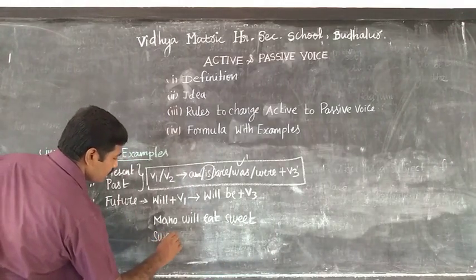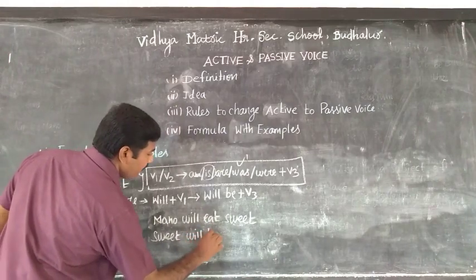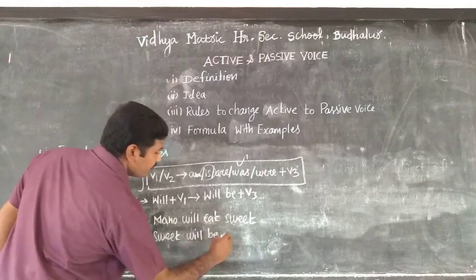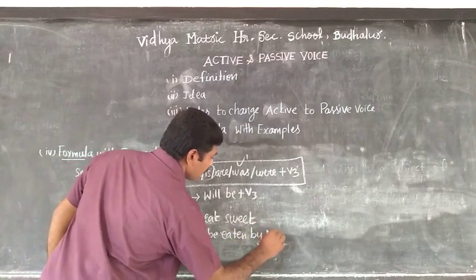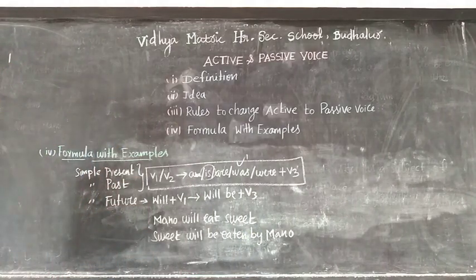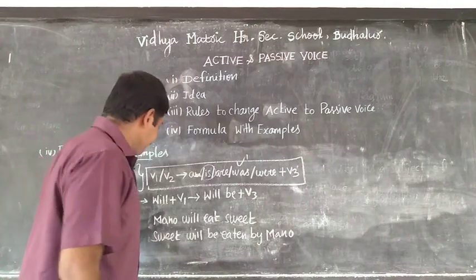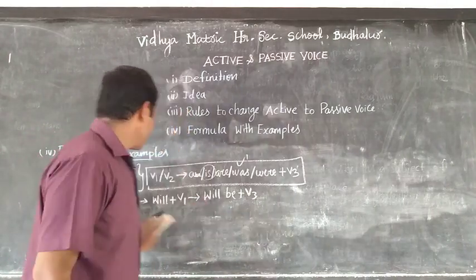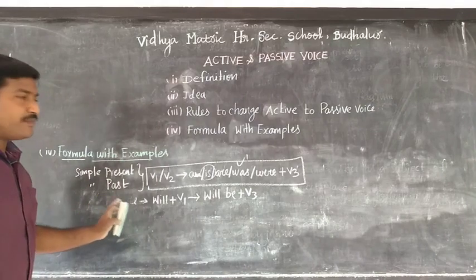Sweet will be eaten by Mano. The verb eat changes into V3, eaten. Very simple. Clear? Okay. So this is the formula for simple present tense, simple past tense and simple future tense.